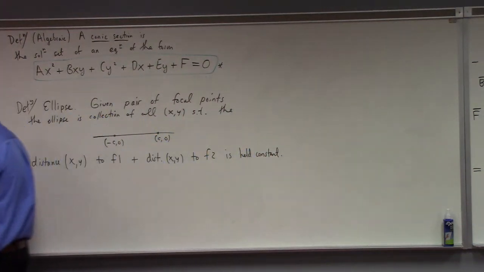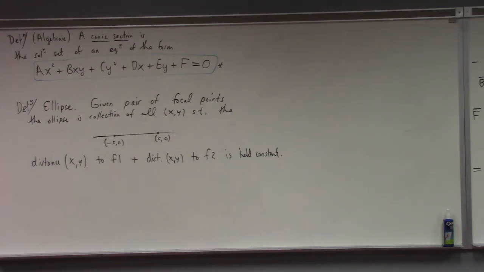I have a better one here. I typed it out. Here's a more erudite wording. Ellipse is defined as the collection of points for which the sum of the distance from the focal points is a fixed constant.